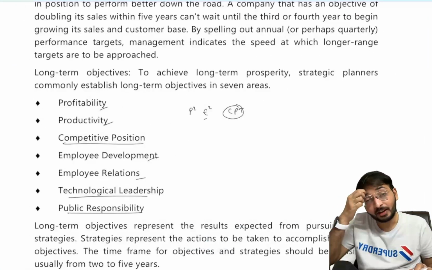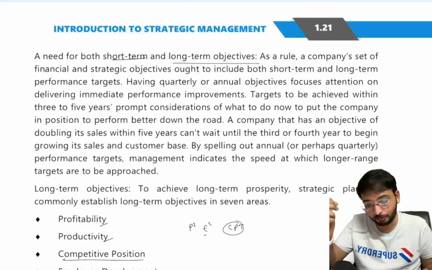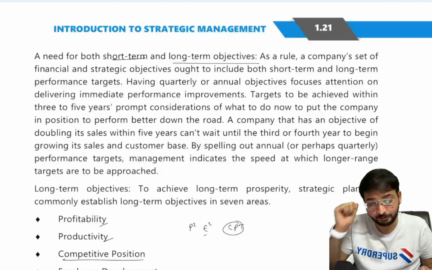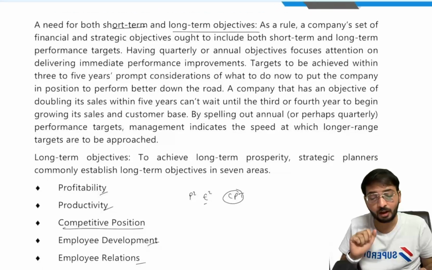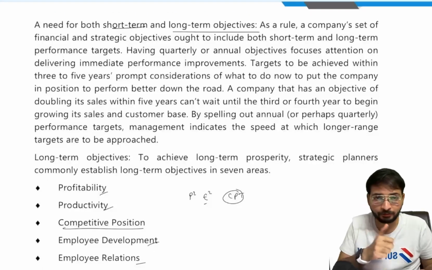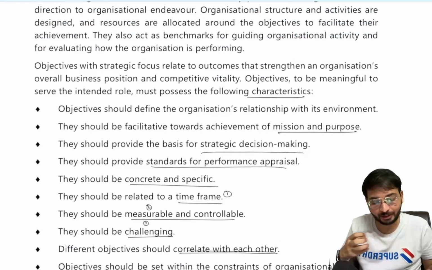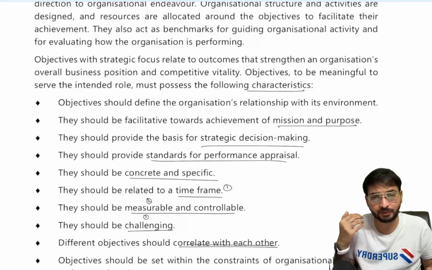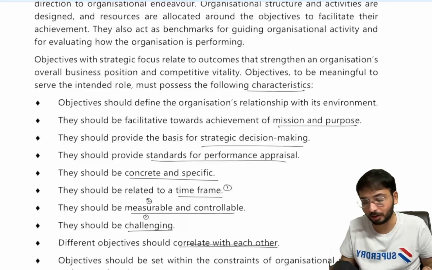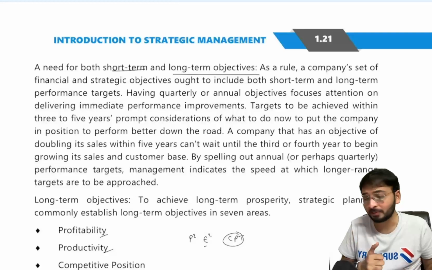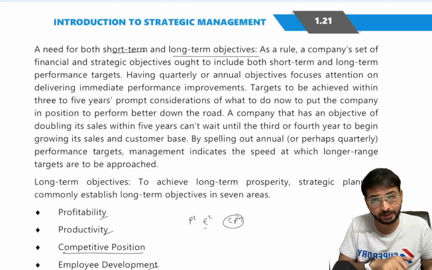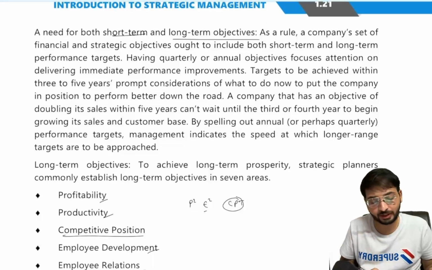So we are doing goals and objectives. What is the difference between a goal and an objective? When a time frame is attached to a goal, that is called an objective. Objectives can be short term or long term, and we studied some characteristics like concrete and specific, related to time frame, measurable, controllable, all this. Usually short term is quarterly to 3 years, 3 years to 5 years is generally long term.